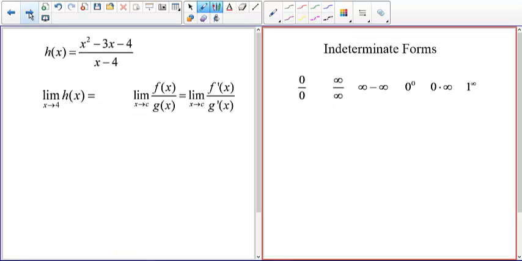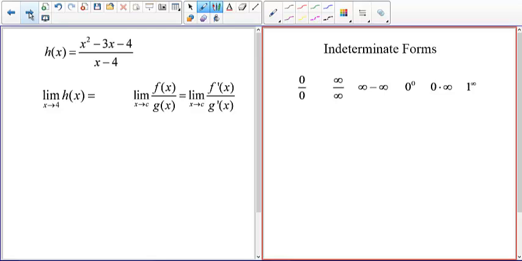So it turns out, the indeterminate form that we've been dealing with has been 0 over 0, but there are other indeterminate forms. Infinity divided by infinity is also indeterminate. Infinity minus infinity is indeterminate. 0 to the 0th power, 0 times infinity, 1 to the infinite power.